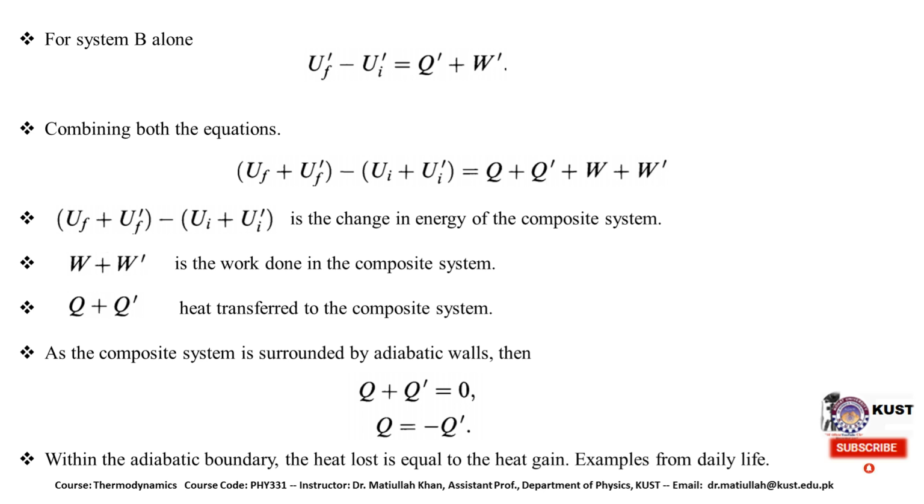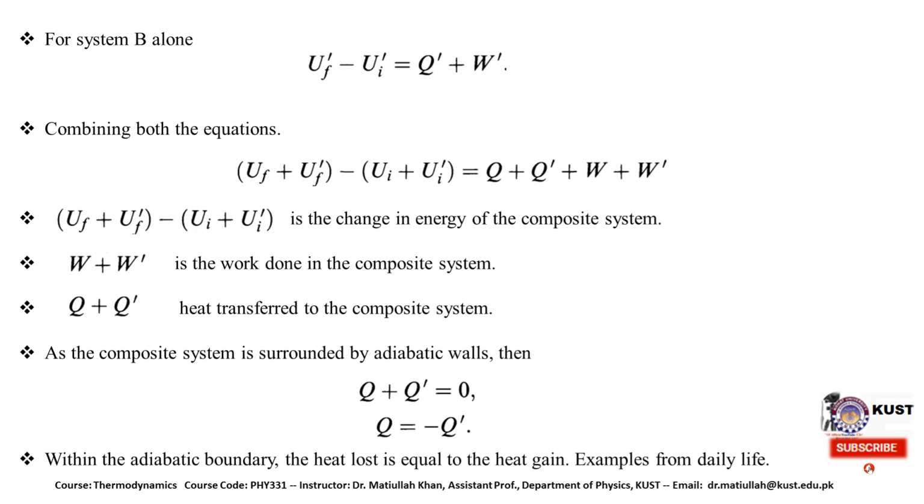If we combine both these equations, it will be UF plus UF dash minus UI plus UI dash, equal to Q plus Q dash plus W plus W dash.